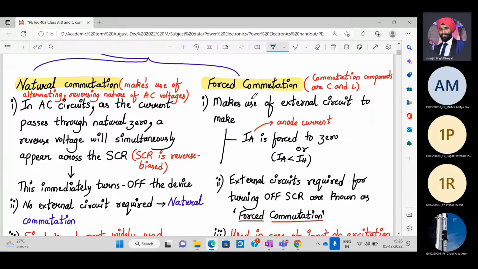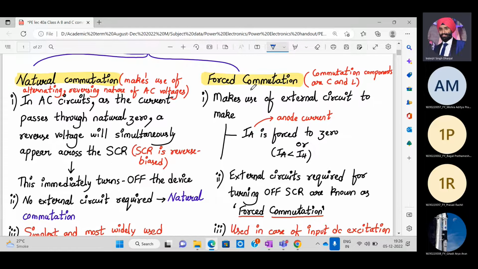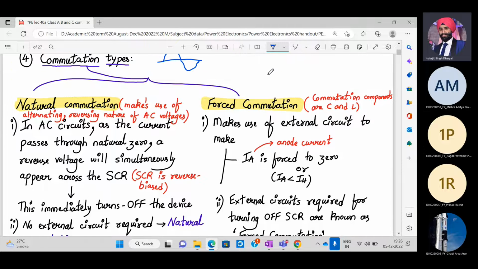Then in case of forced commutation, where is this used? Wherever the input supply is DC. Wherever you have a DC input source, because for DC we don't have a negative, it's always positive. So the two techniques will be to reduce the anode current below the holding current, or a reverse voltage should appear across the anode and cathode terminals.